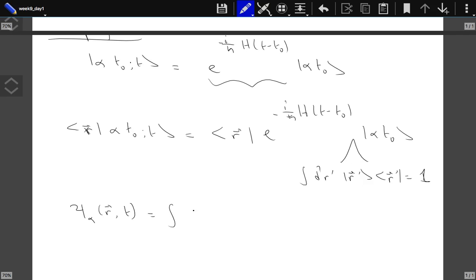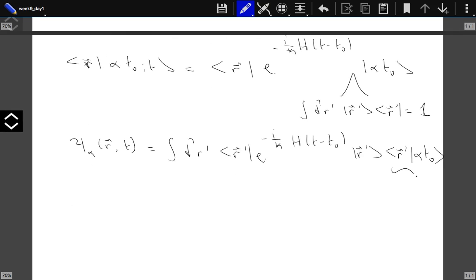This is equal to the integral d cubed r prime of the bra r, e to the power minus i over h bar, H (t minus t0), r prime, times the ket alpha at t0. Or we can write this in a slightly different form. That factor at the end is nothing but our wave function at the time t0.